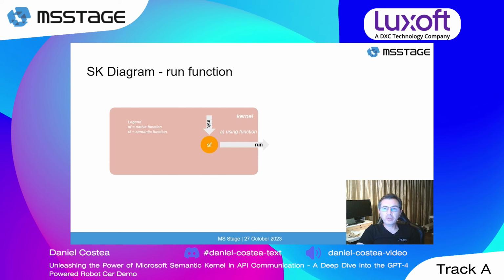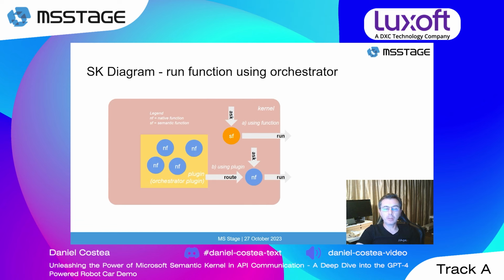Let's summarize how we can create and run semantic functions or native functions. Well, the simplest way is to create the function alone and run it. A more elegant way is to put the function in a plugin and run it from there. In this case, we have to deal ourselves with the functions found in the plugin. How do we know which function is solving our goal?